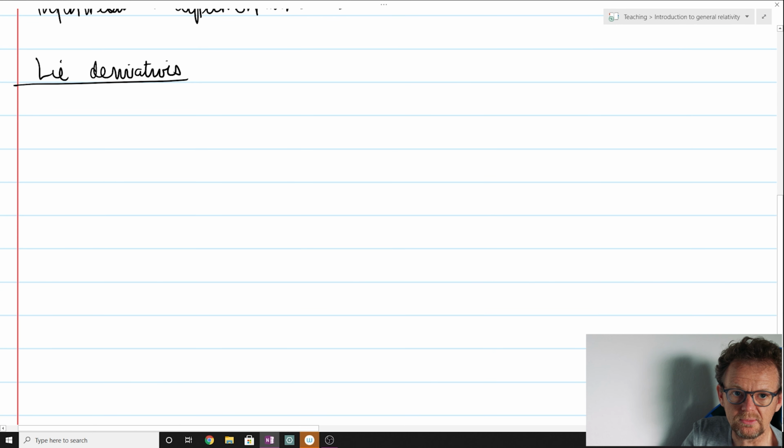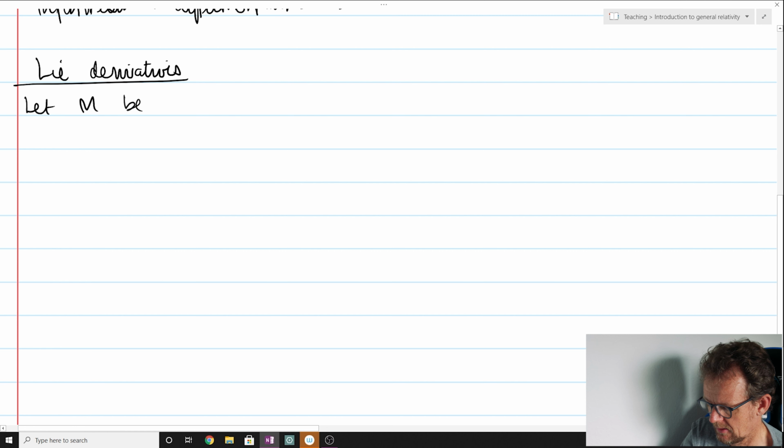So we're going to now introduce some additional mathematical infrastructure in order to describe quantitatively infinitesimally small diffeomorphisms. Okay, we start as before with a manifold M, and now we suppose we have not one diffeomorphism, but a one parameter group of diffeomorphisms.